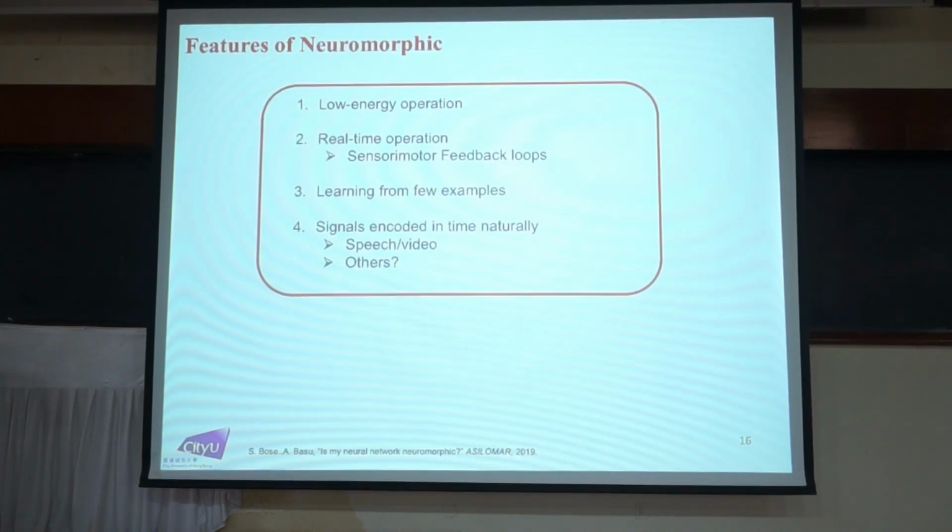Again, we are very good at learning from few examples. If we show a baby a few examples of an image, they can generalize to other views, and so on. So this is another thing where we expect brain-inspired intelligence to be good. And lastly, we are good at processing signals encoded in time, right? So speech or video, anything that we are seeing, we are very good at processing that. Potentially then, if you have brain-inspired algorithms, they should be good at processing other time series data.